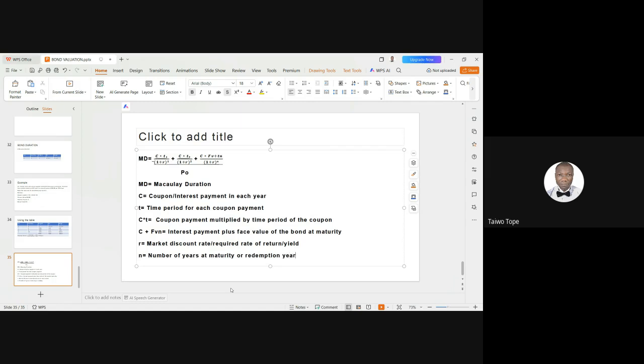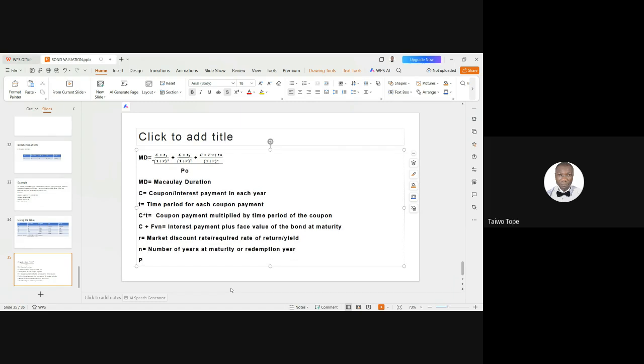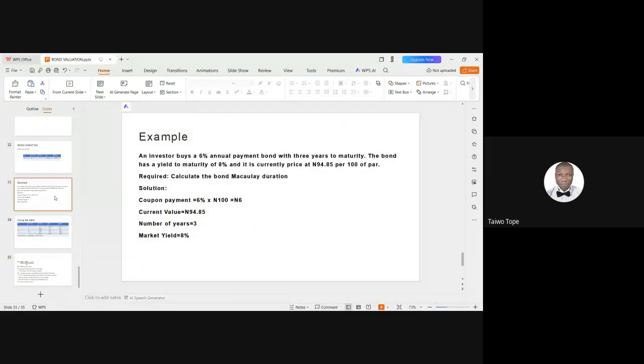Then P naught is the current market value.